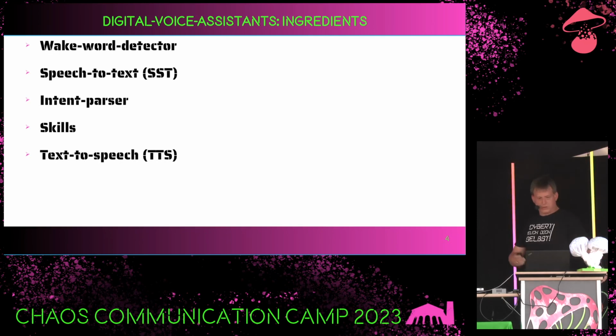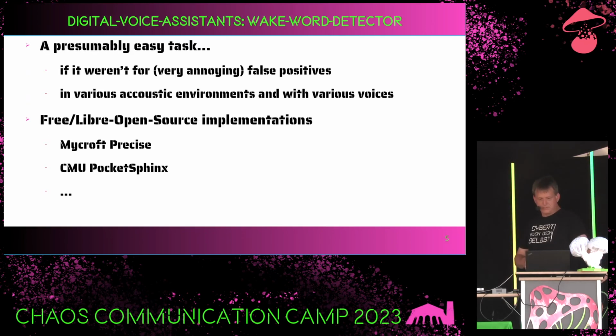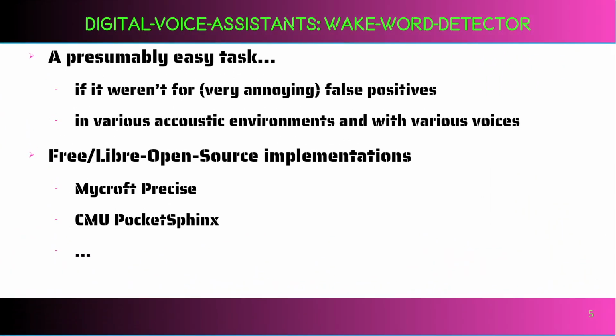So let's look at each of these briefly. The wake word detector is a presumably easy task. You can do pattern matching on the acoustic signal, etc. But the issue here is that you want a very, very low false positive rate, because otherwise the assistant will be asking what you want from it every couple of minutes, and that's very annoying.